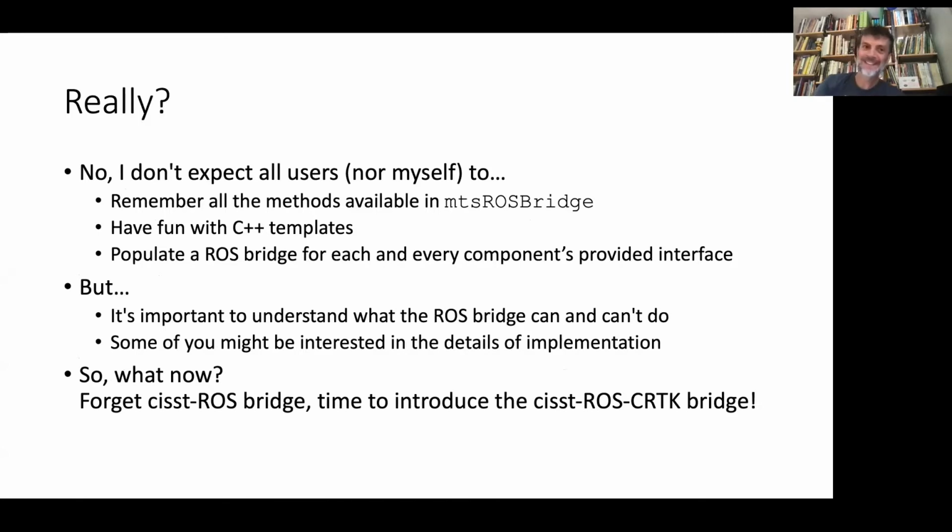So really, and no, I don't expect all users, nor myself actually, to remember all the methods in the MTS ROS bridge. I know C++ templates can be scary, so I'm not going to expect everyone. And also, we end up having to recreate a ROS bridge that looks almost the same when you switch from the Polaris to the Atracsys, from the GR3 force sensor to another force sensor. So you end up having a lot of repetition.